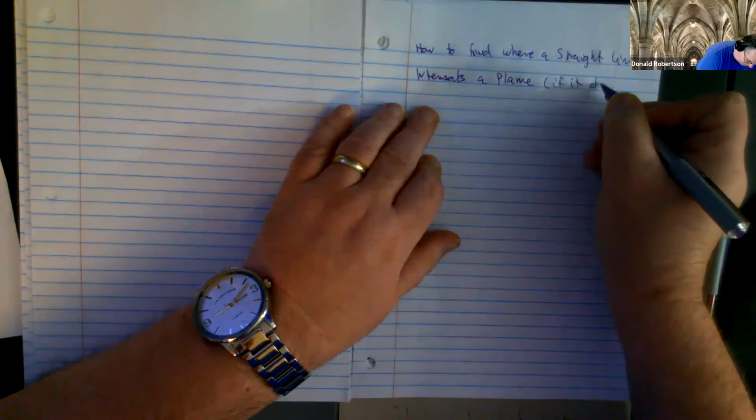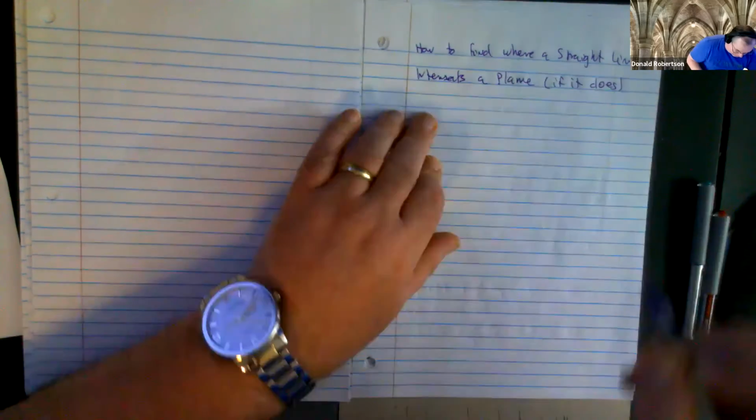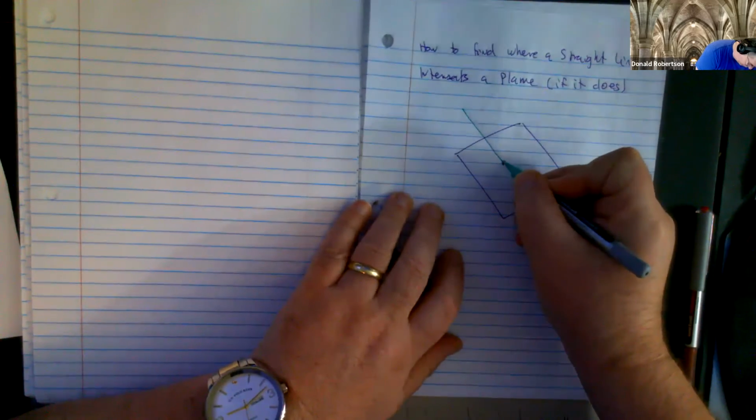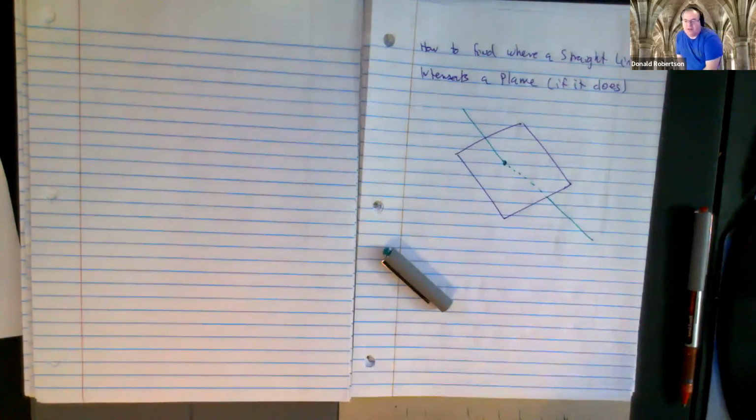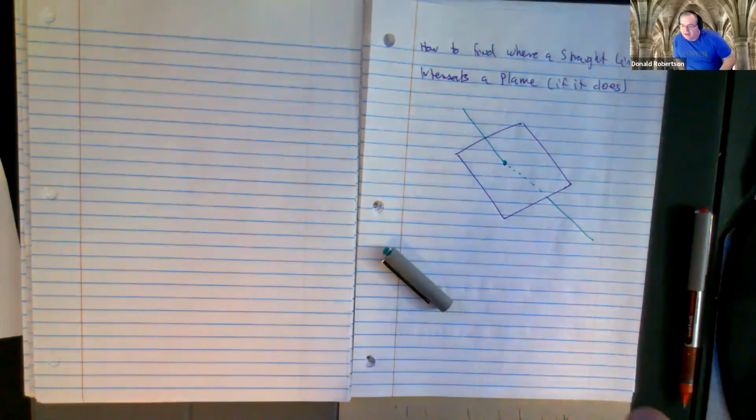If it does, because it might not. So imagine this is a plane in 3D space. And here's my line. Would you agree that if a line and a plane are going to intersect, they only intersect in one point? Would you agree a piece of paper and a line, like a bullet shooting a hole through it, only hits it once?